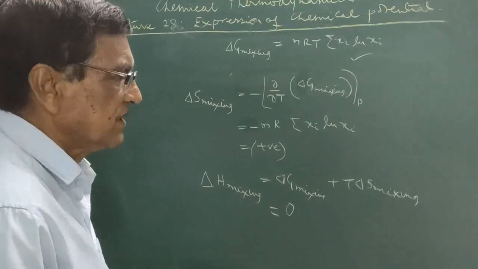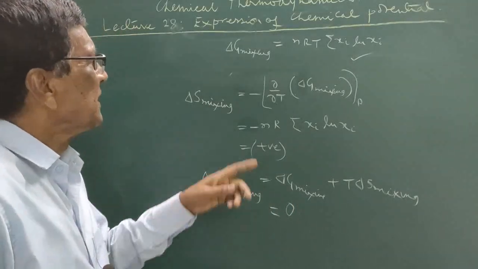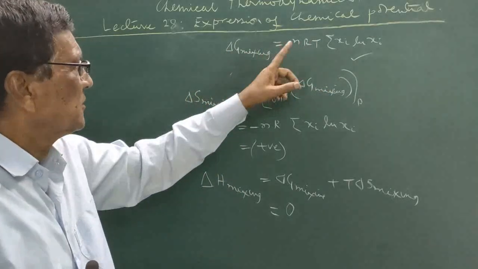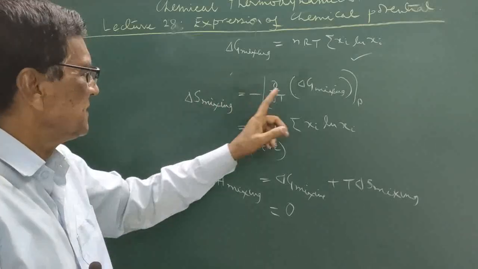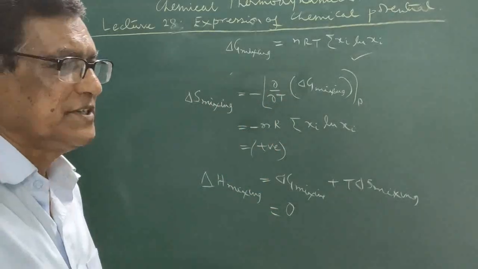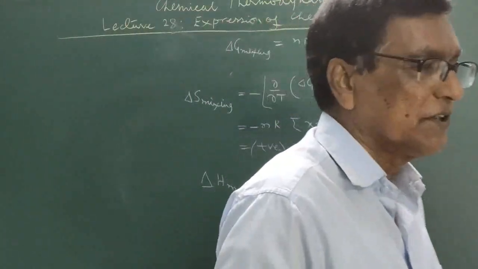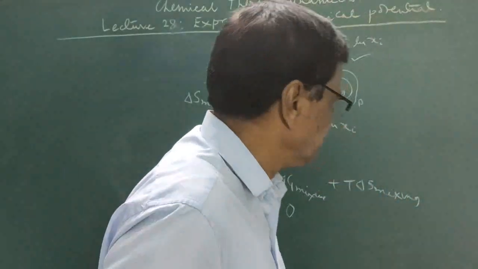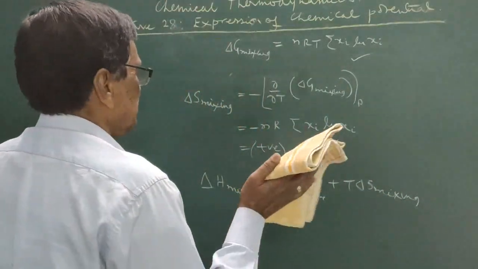So the conclusions are: delta G mixing is negative, delta S mixing is positive, and delta H mixing is 0, meaning there will be no heat change when different ideal gases are mixed up. So these are the three expressions.